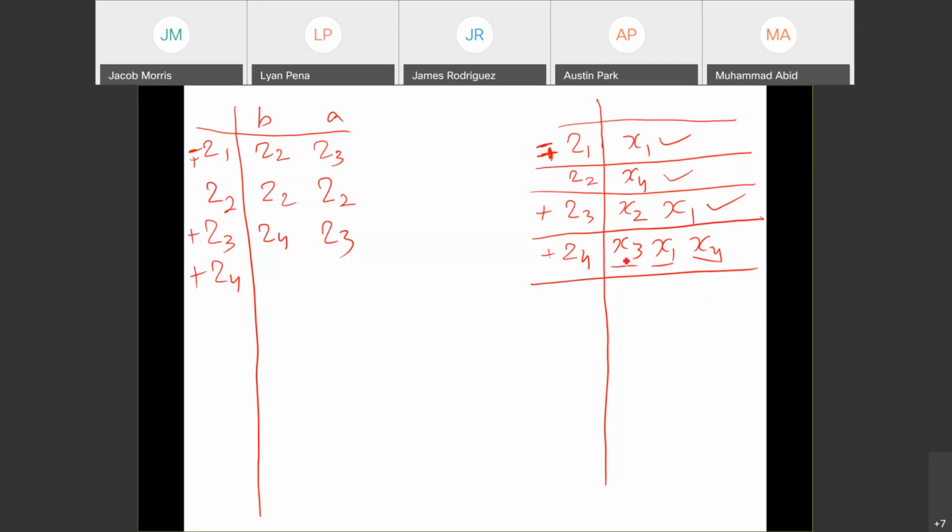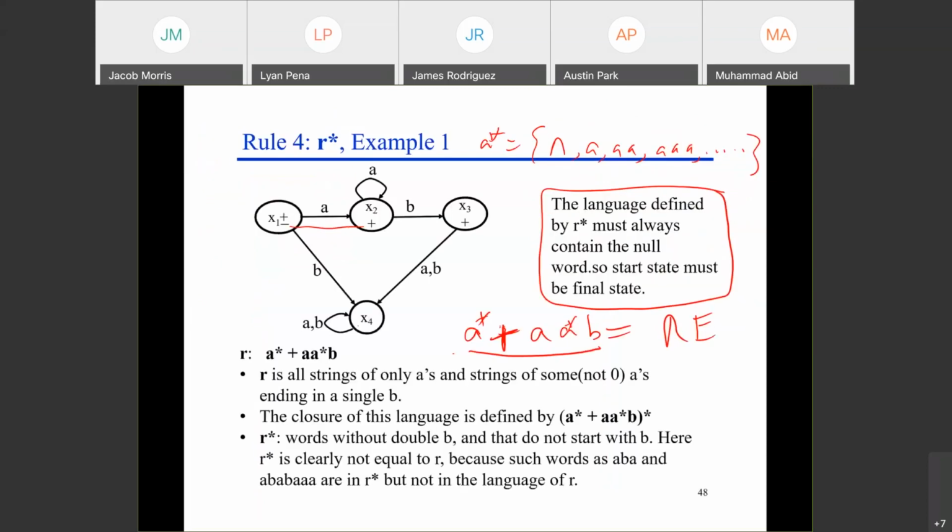First check x3 for A and B. So x3 for B. You are at x3 and you receive B, you go to x4. x4 is a normal state, so we will just write x4.